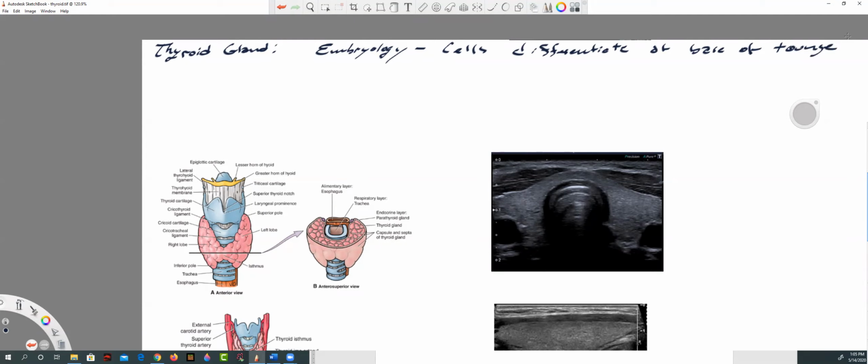So your thyroid starts off right there in the base of the tongue, kind of a little more sublingual, and then they migrate to the anterior neck.